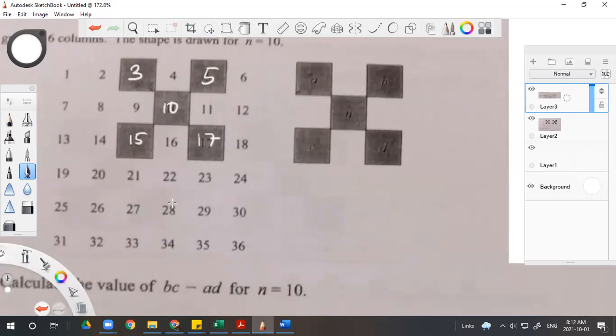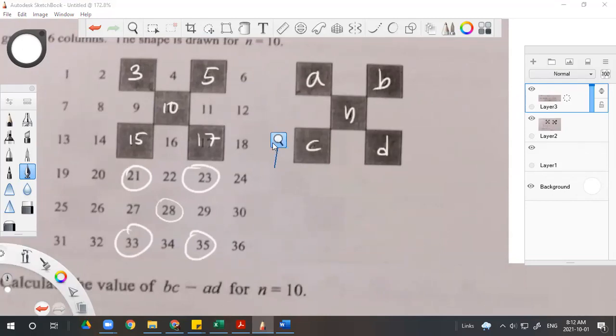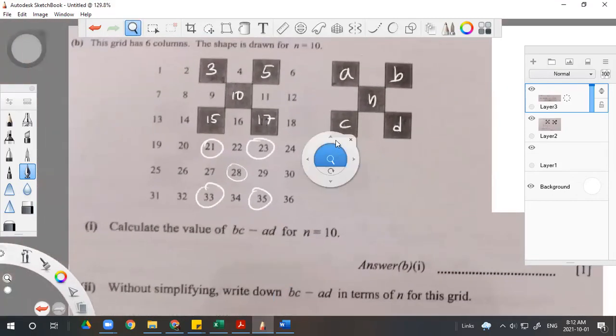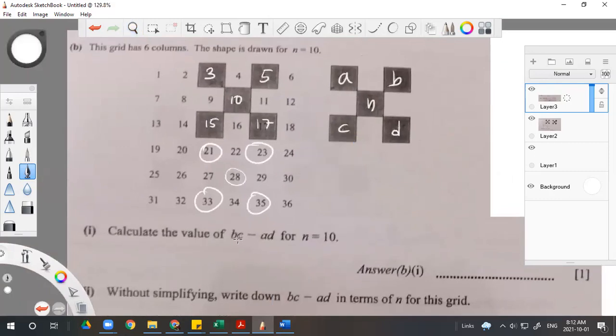If you took another pattern, take another pattern here. Wait, wrong. Right? It always producing the same answer. 3 to 10 is 7, right? 21 to 20 is at 7. Okay. So you have to calculate the value of BC minus AD for n equals 10. Okay, for n equals 10, 3 times, salah.